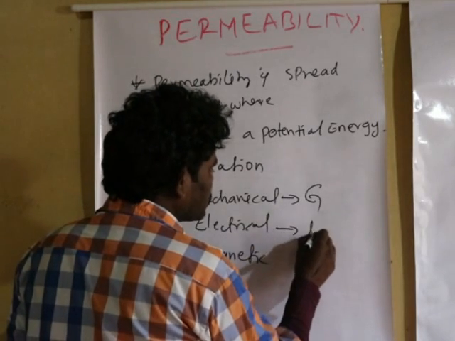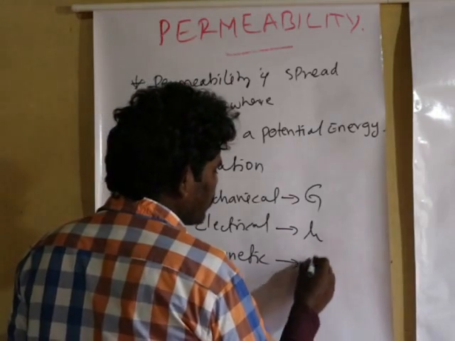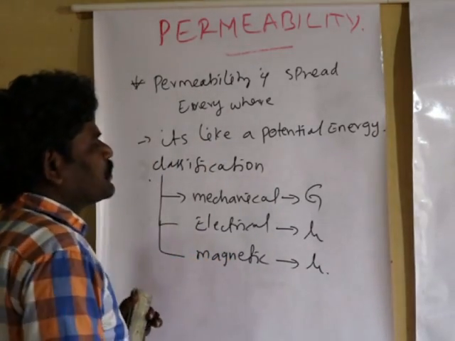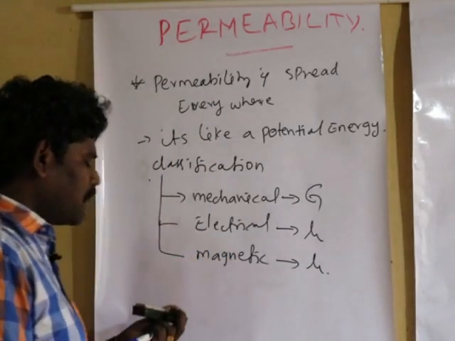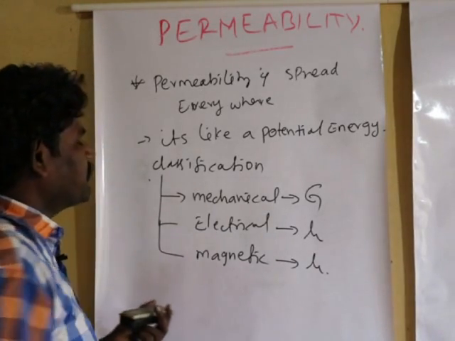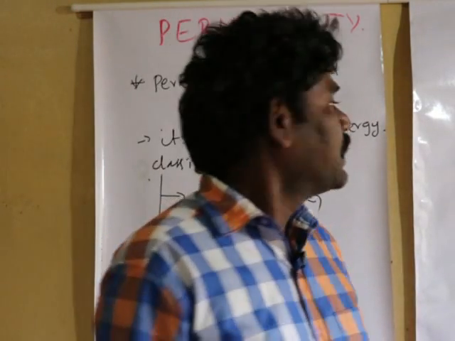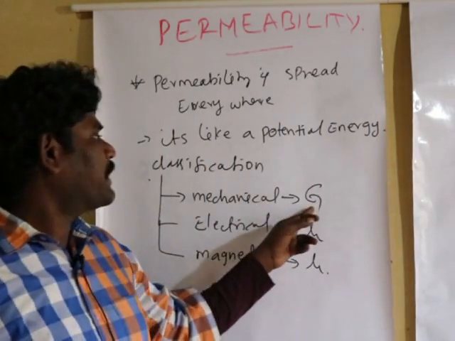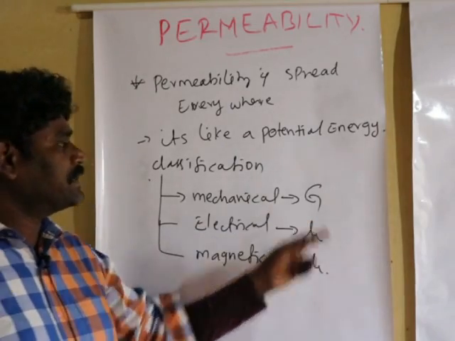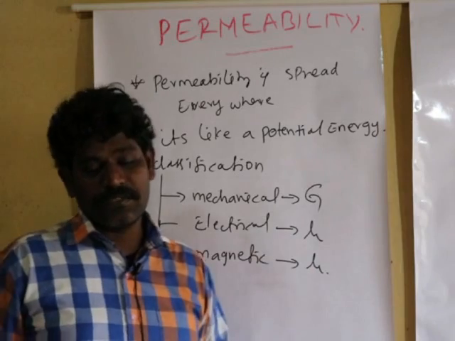In electrical we call it mu permeability, and magnetic we call it permeability mu. This is a very basic classification of permeability; the basic permeability will be classified into three domains. In the mechanical domain we call it capital G, in the electrical domain we call it mu, and in the magnetic domain we call it mu.